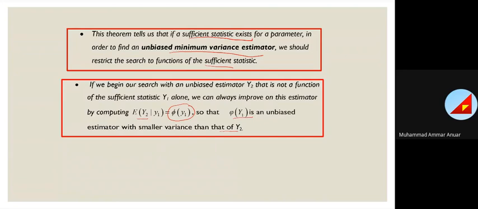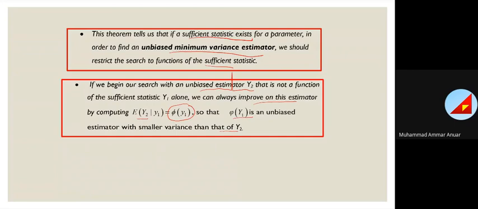But in the second part, if we begin with an unbiased estimator, we prove the expected value of Y2 is equal to theta. So we try to improve by computing the conditional expectation, which gives phi Y1. So phi Y1 is an unbiased estimator with smaller variance, then phi Y1 is the unbiased minimum variance estimator. That is the Rao-Blackwell theorem.